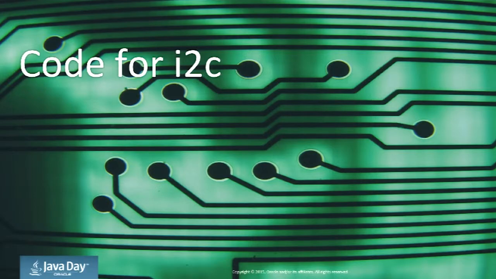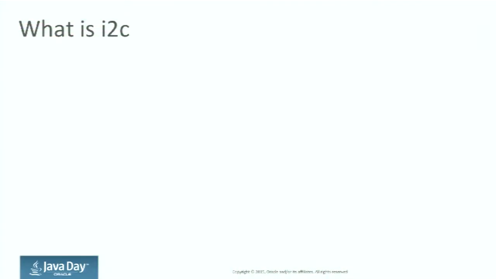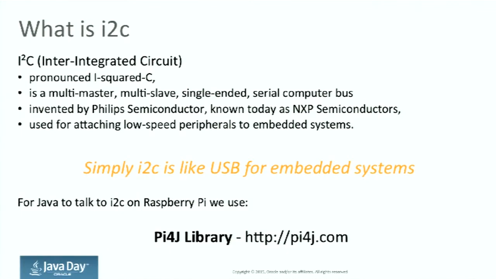So next I want to look at I2C, and how do we actually connect all of these sensors up to our Java code. In case you're not familiar with I2C, the simple way of thinking about this is I2C is just like USB.